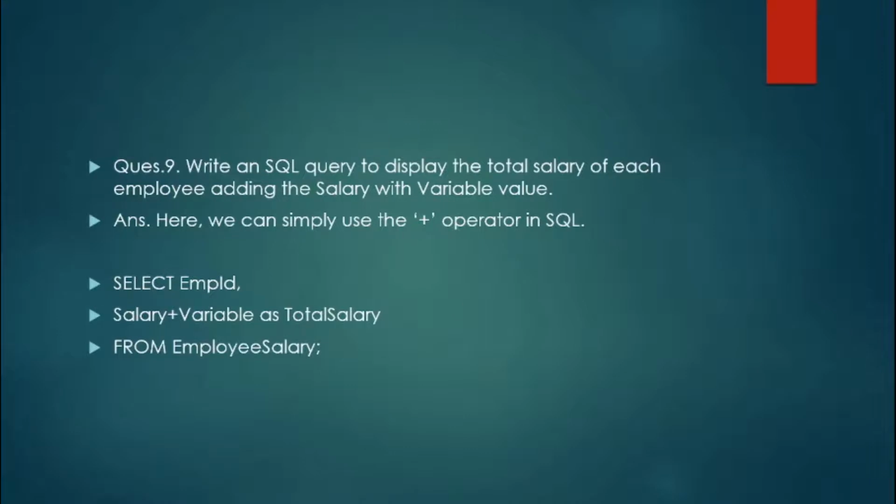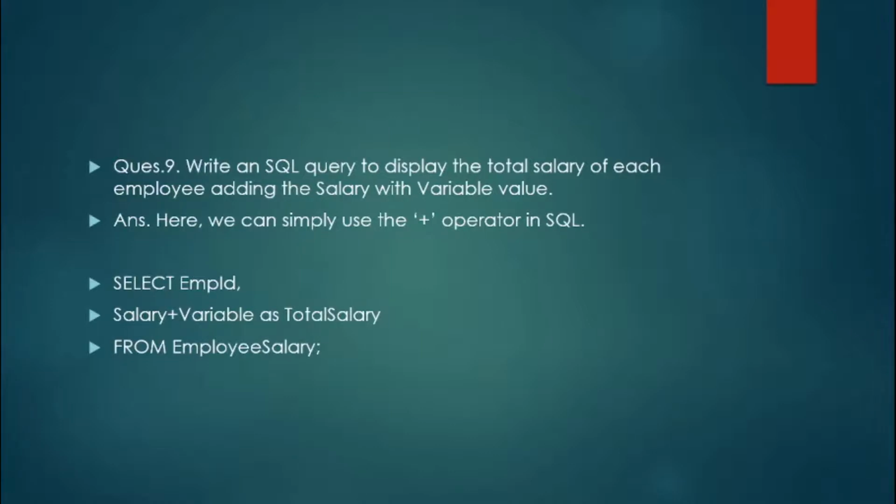In the ninth query, write an SQL query to display the total salary of each employee, adding the salary with the variable value. So what you will see here is that we want the employee ID and salary plus variable as the total salary from the employee salary table.